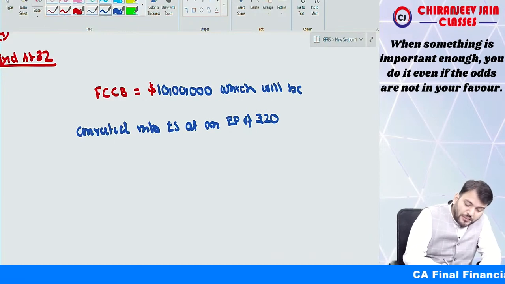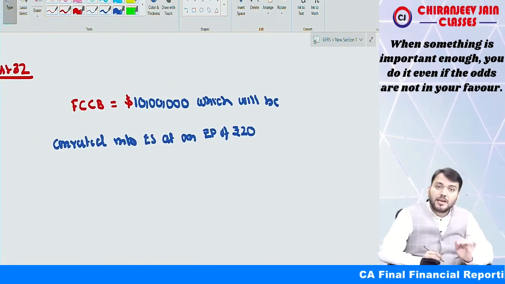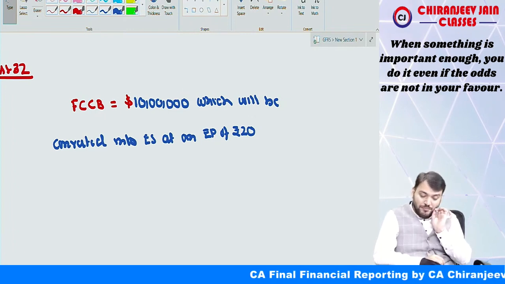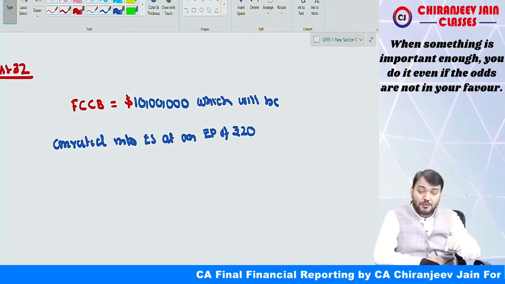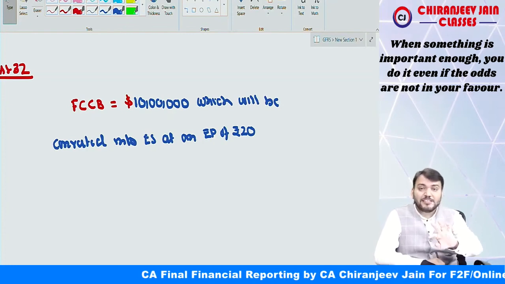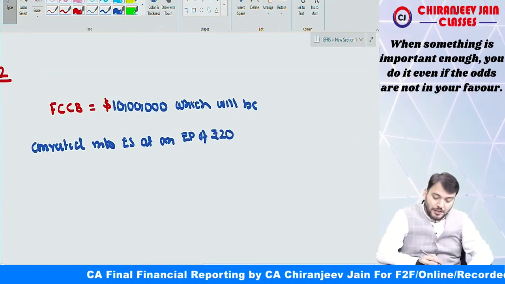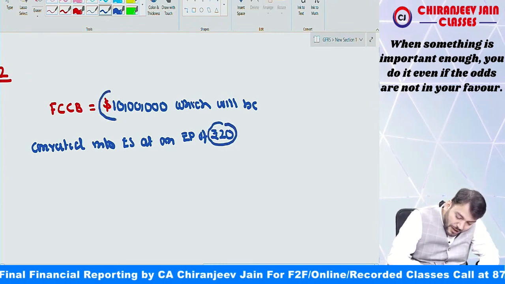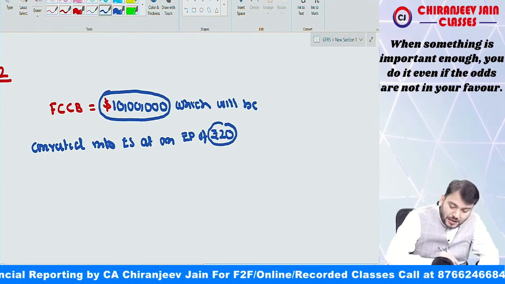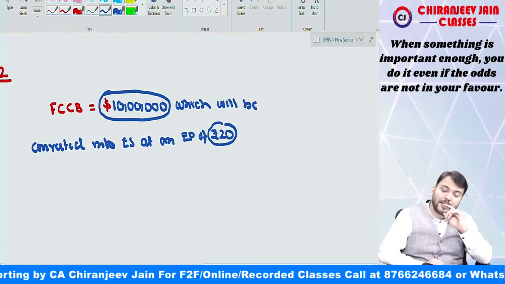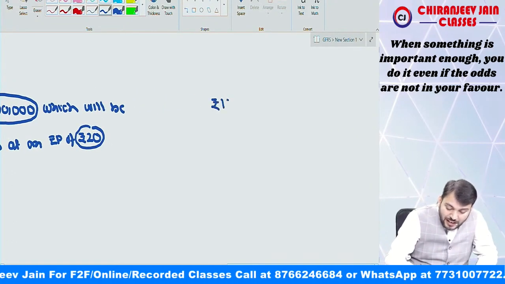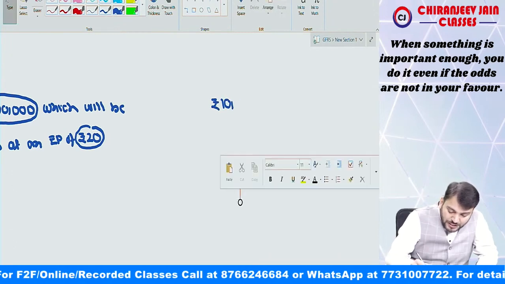Understood? You can see this is rupees 20 and this is in dollar.